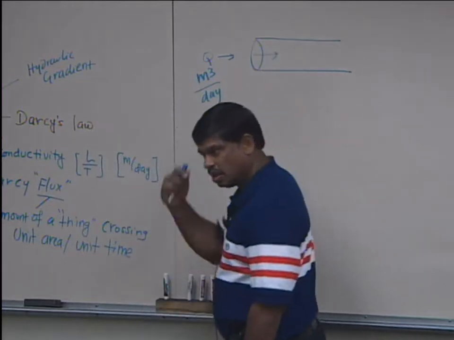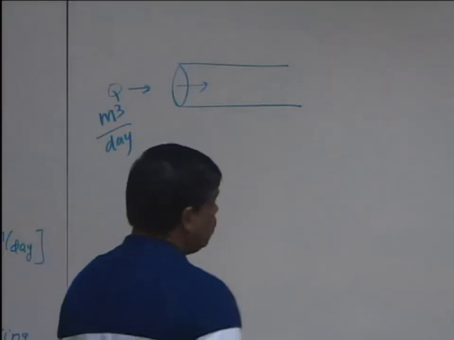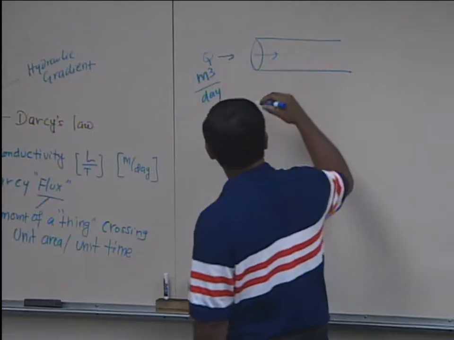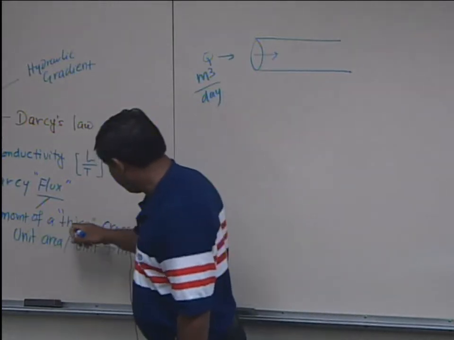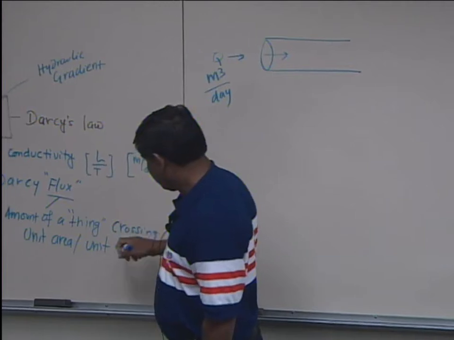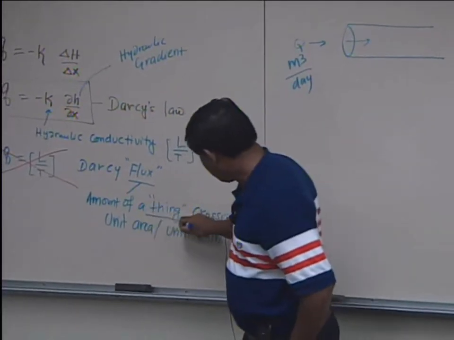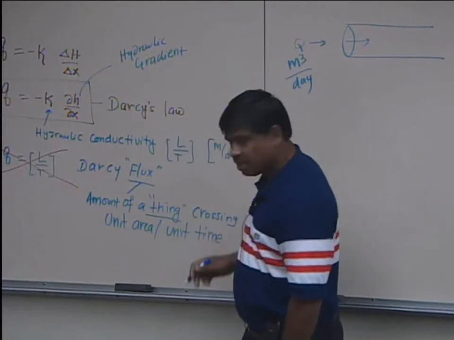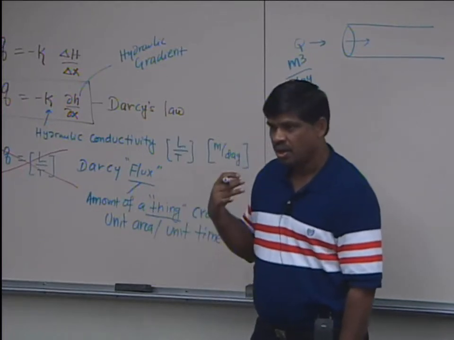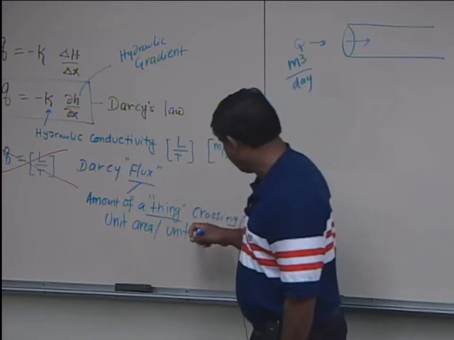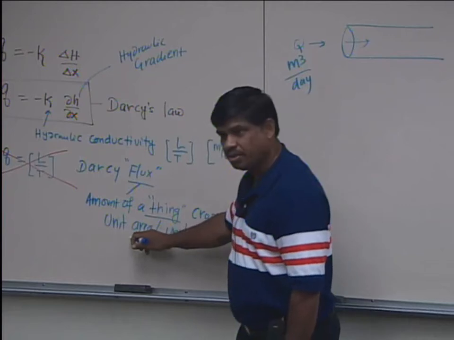So if you look at this phenomenon, the minute you talk about flux, it's the amount of something crossing unit area per unit time. So the flux is always associated with something, and that thing could be a volume, mass, or heat energy, whatever it is, crossing unit area. So it's always associated with the control area too.